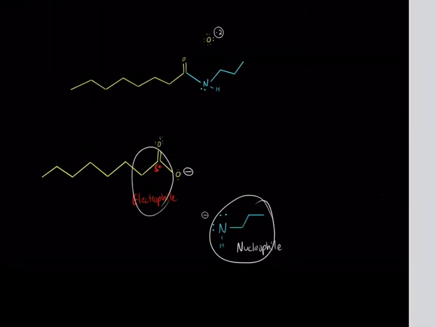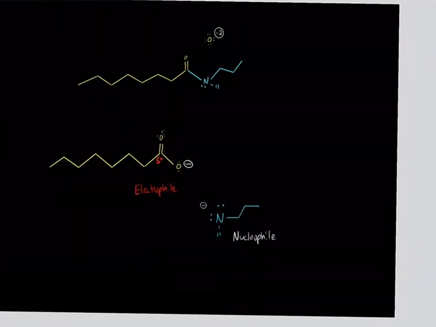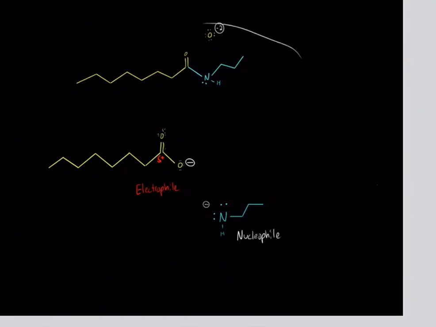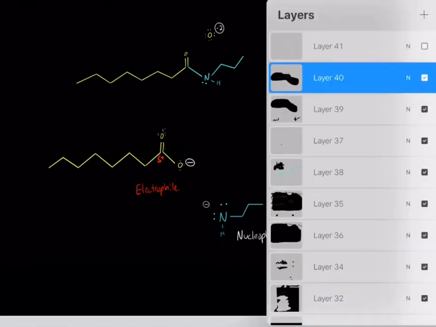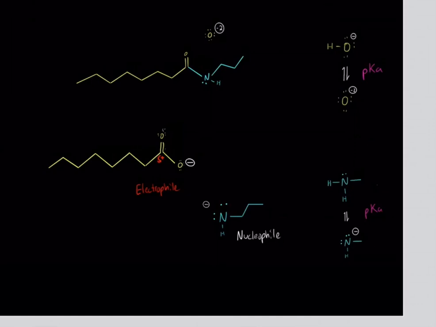So just because this is a strong nucleophile and strong electrophile doesn't mean when it reacts, it's going to favor these products. And in order to determine, once this reaction reaches equilibrium, if it's going to favor these guys or these guys, we need to quantify the stability of this guy and compare it to the stability of this guy. So how do we do that? Well, what we need to do is imagine this guy as an acid and find the pKa.